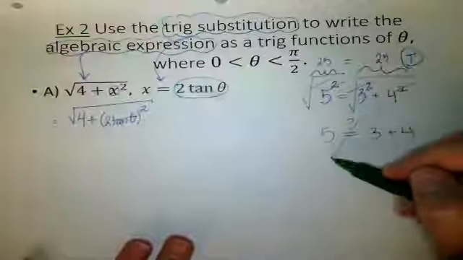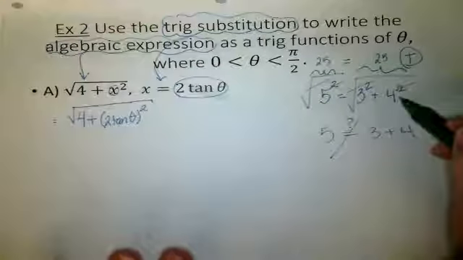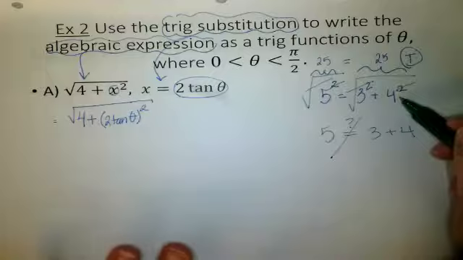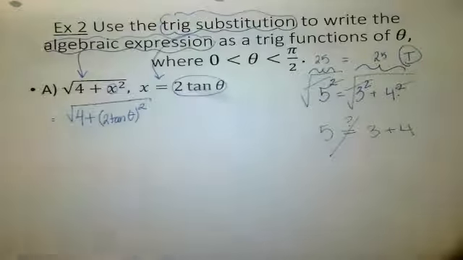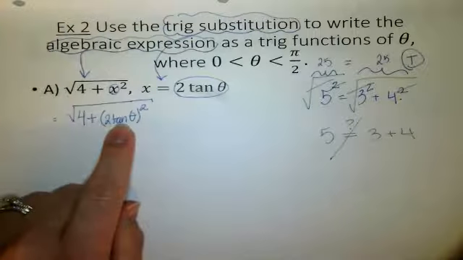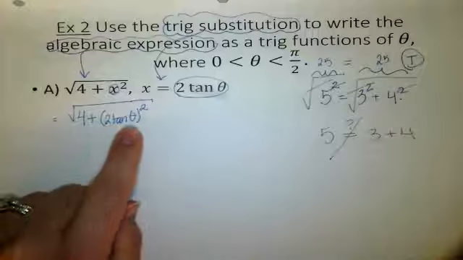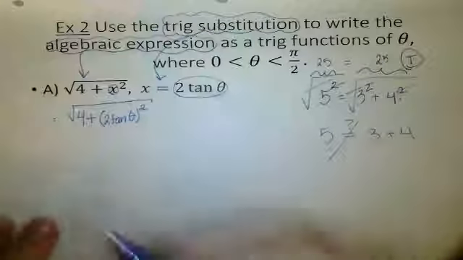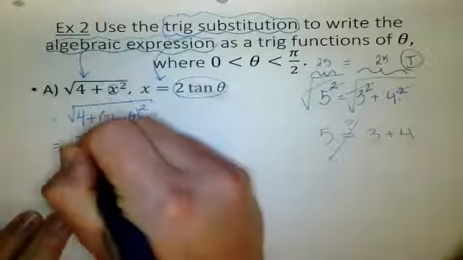No. Can you blanket square root? No. 90% of the time you cannot. Watch what happens when we do this problem. So we're substituting in place of x, and I'm going to square 2 tangent of theta. So what is 2 tangent of theta, quantity squared.